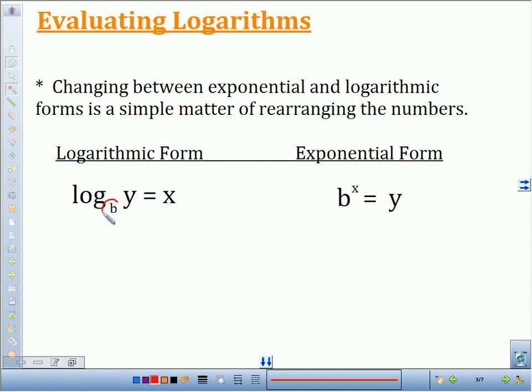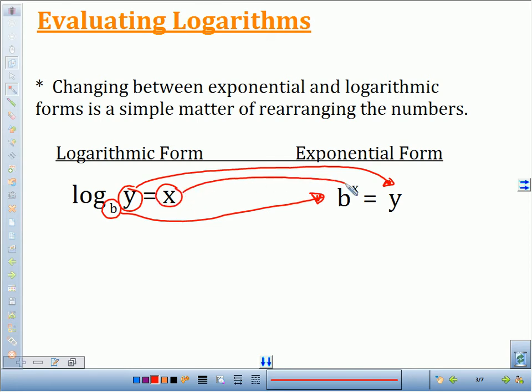As you can see, this b is the base, this y is over here, and the x is there. So these numbers just get moved around. And if we have a true equation here, when we rearrange our numbers, we should end up with a true equation over here, because the numbers haven't changed.